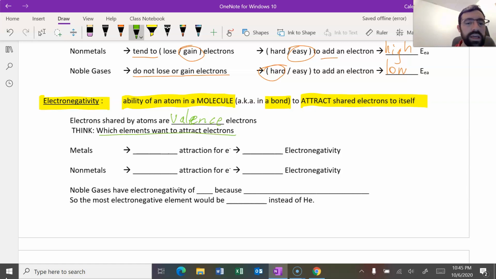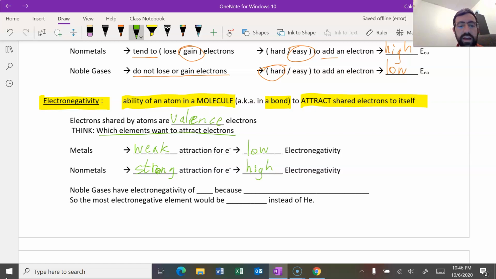Metals have a weak attraction for electrons. So they have a very low electronegativity. Nonmetals have a strong attraction for electrons. So they have a high electronegativity. That's why they tend to either form negative ions or covalent compounds.